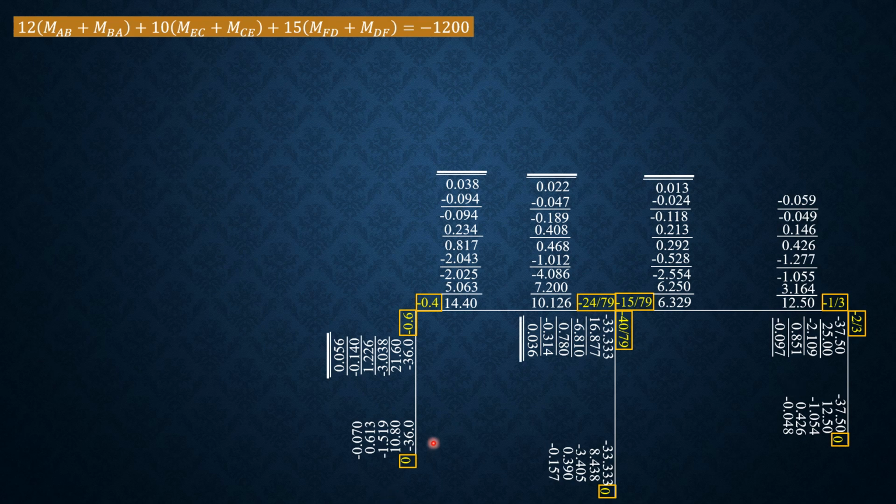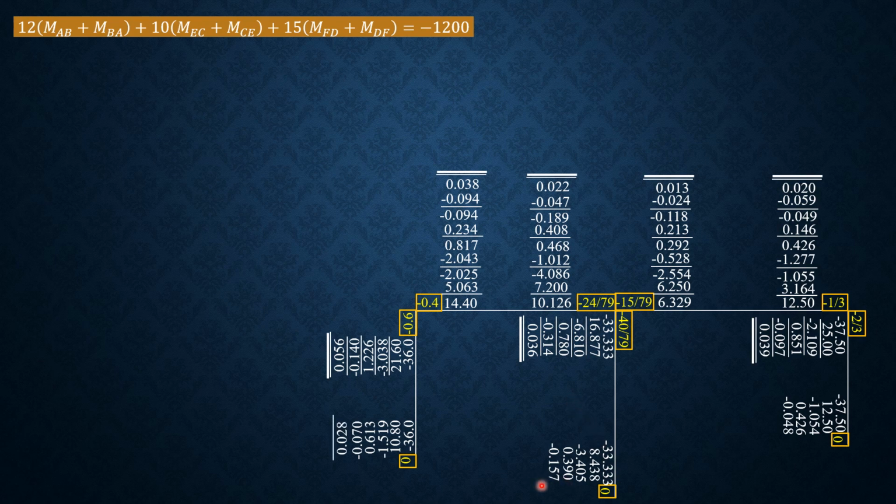So adding the moments here, negative 26.148. Adding these moments, negative 16.296. These moments here adding, so it should be positive 16.296. Adding these moments, 12.890. Adding these moments, 9.873. Adding these moments, negative 22.764.